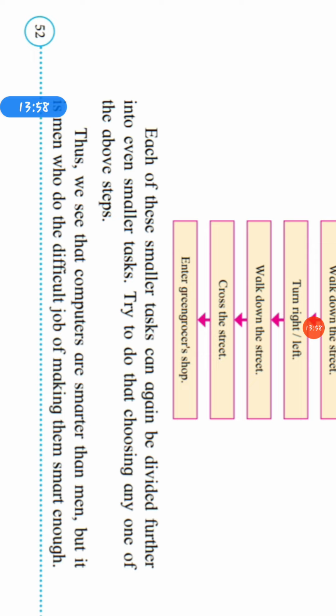It can do the work of ten people in less time. But of course, it is smart because it is the human who did the difficult job of making the computer smart enough.